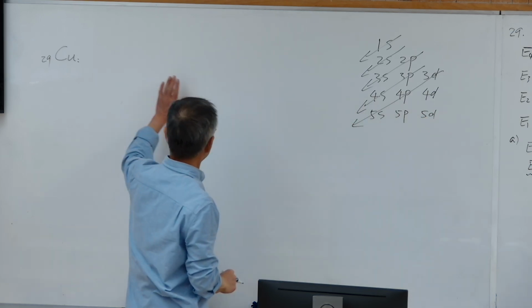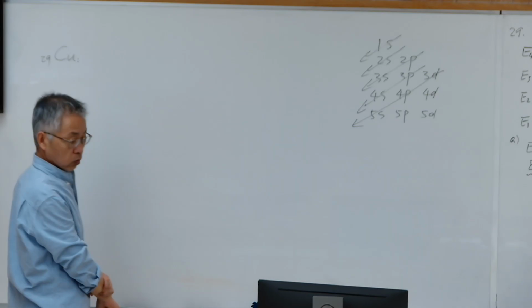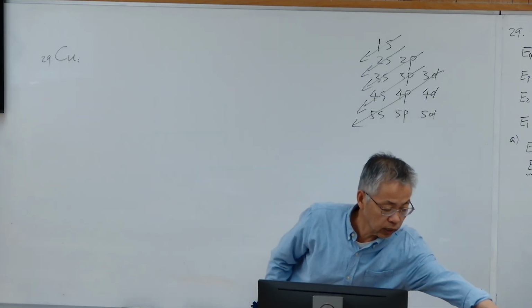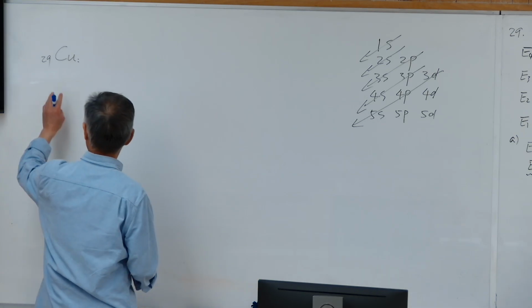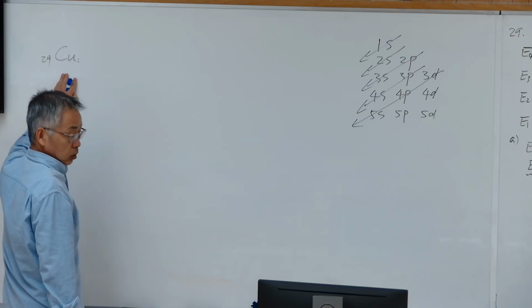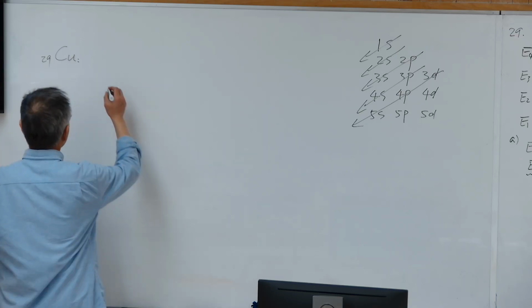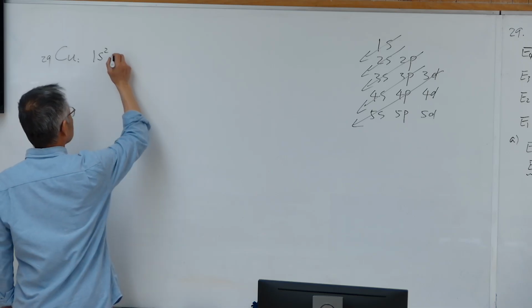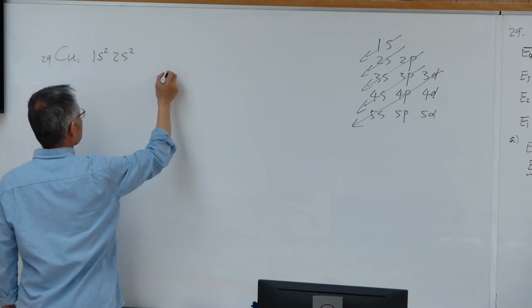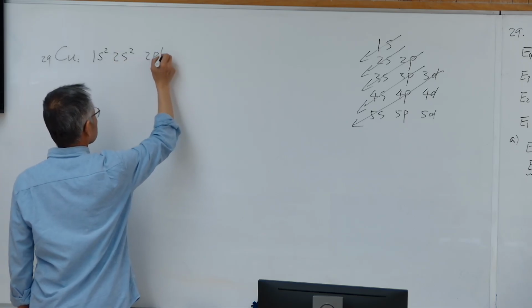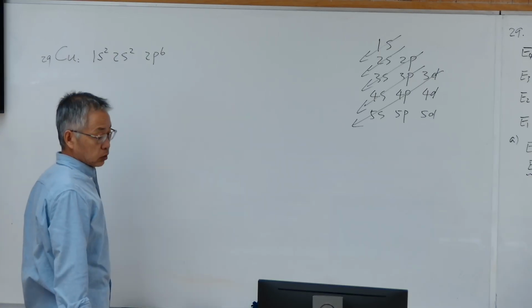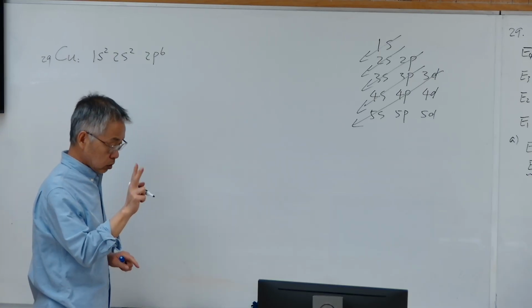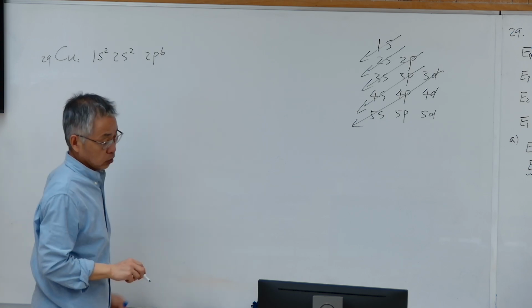Then we can write the electron configuration for almost any atom with the help of the periodic table. So copper has 29 electrons. So clearly we need to fill 2 in the 1s orbital, then fill 2 in the 2s orbital, then fill 6 in the 2p orbital, because p has 3 orbitals. Each orbital holds 2, and then 3 orbitals hold 6.